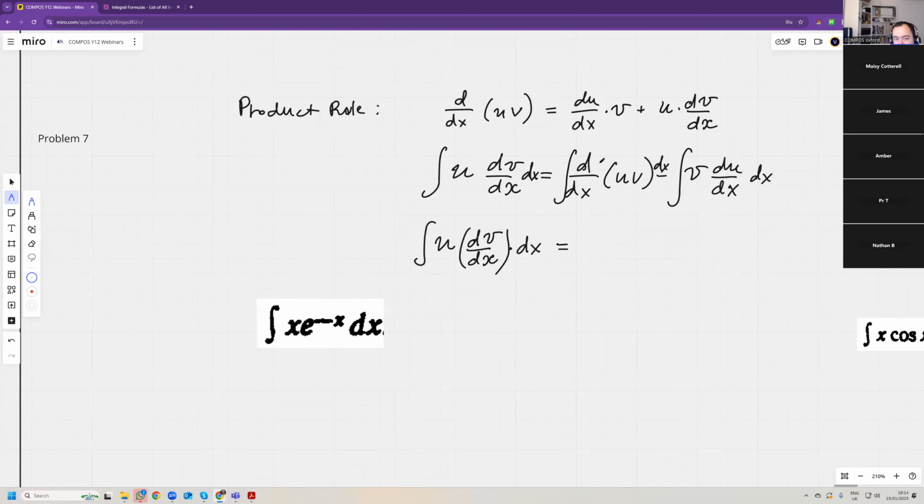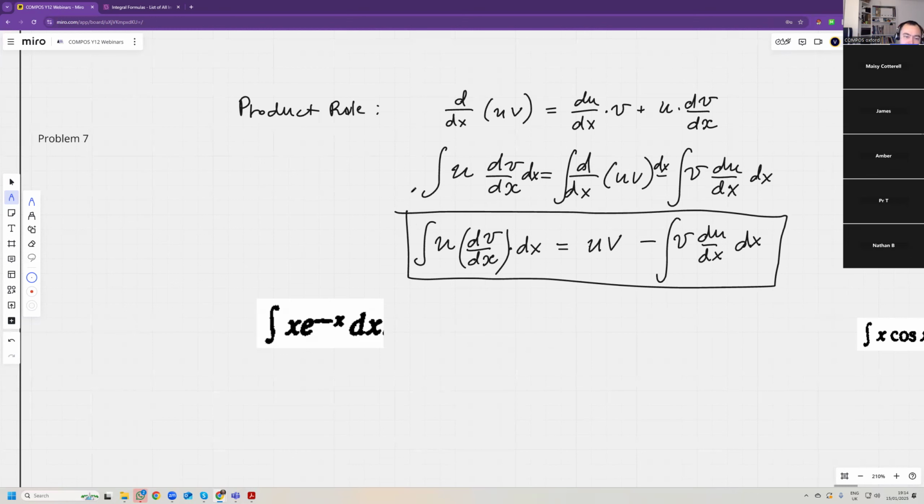So here we have a derivative of uv. So if we take the integral, that's going to be just uv, funnily enough, minus v du dx. So this is the integration by parts formula.